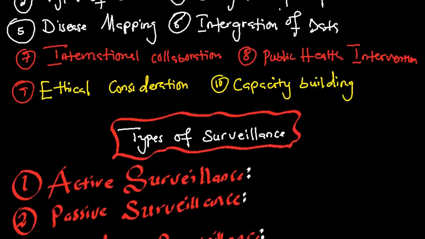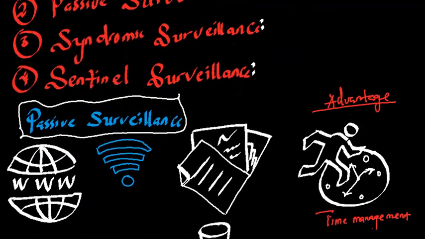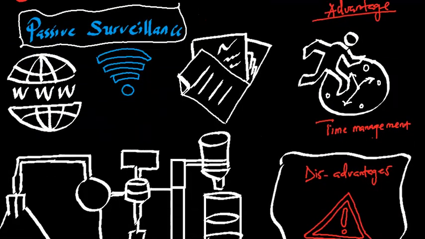Let's start with the types. Types of surveillance. We have active surveillance, passive surveillance, syndromic surveillance, and sentinel surveillance. When we talk about passive surveillance, this simply relies on routine reporting of cases by healthcare providers, laboratories, or other entities.